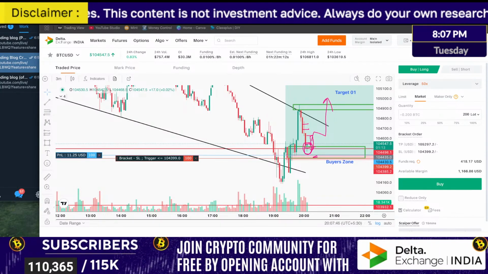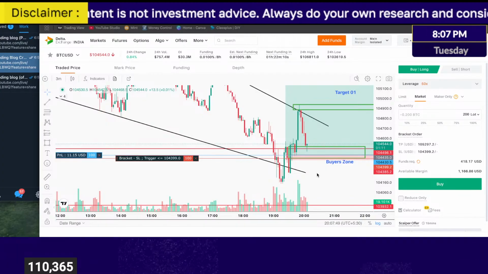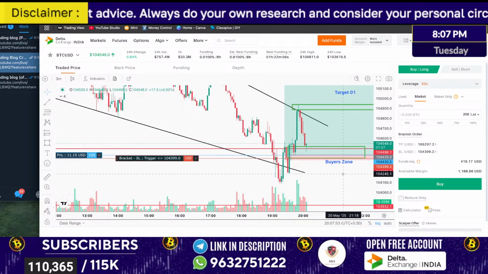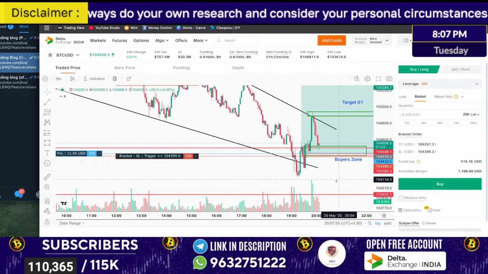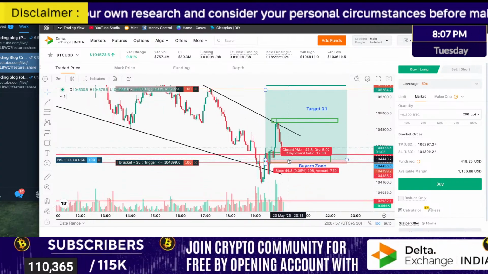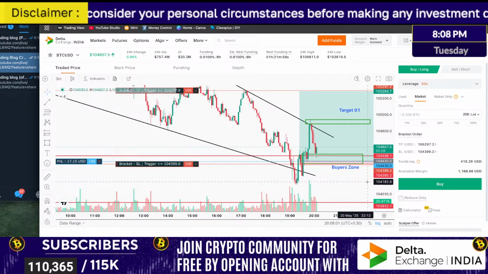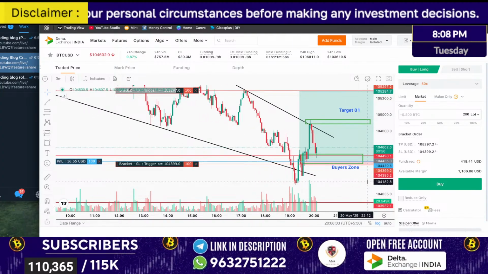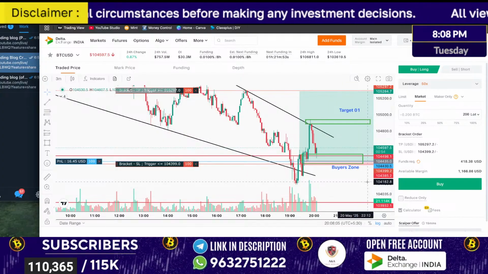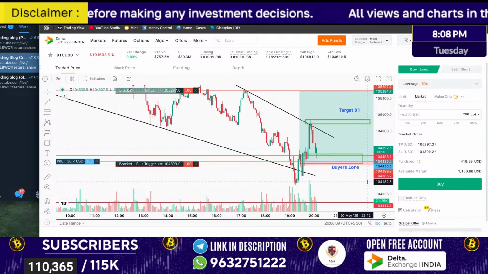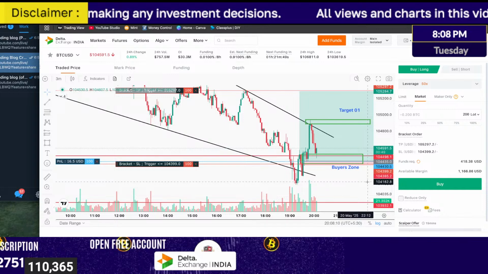Okay. Hopefully this buyer zone, if market sustains, good. Otherwise I'll give that stop loss and exit.